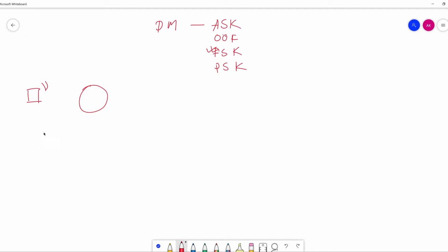Suppose you have an 8-bit stream of 10111011. This is the 8-bit stream, and you have to send this data to the ground station, that means between the earth station and the satellite side.